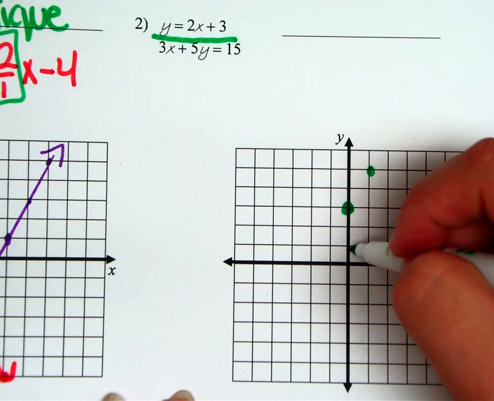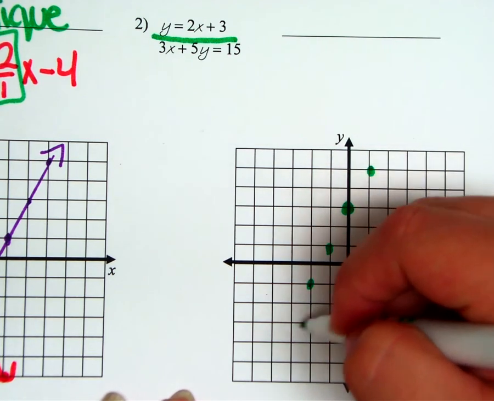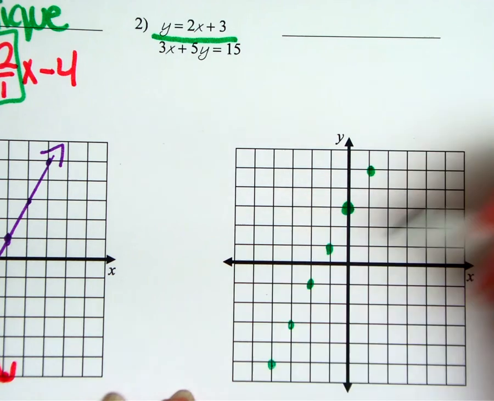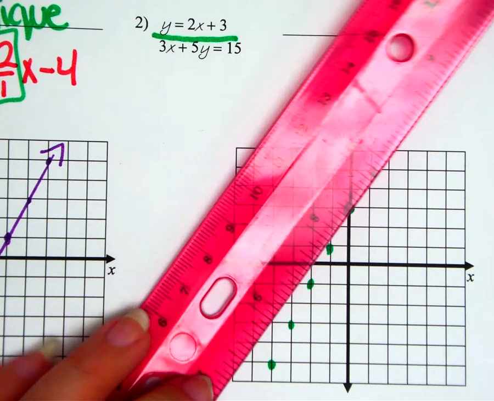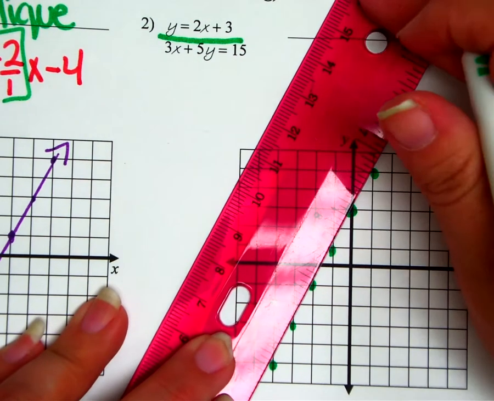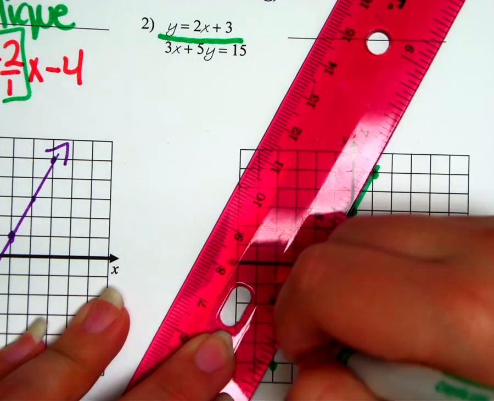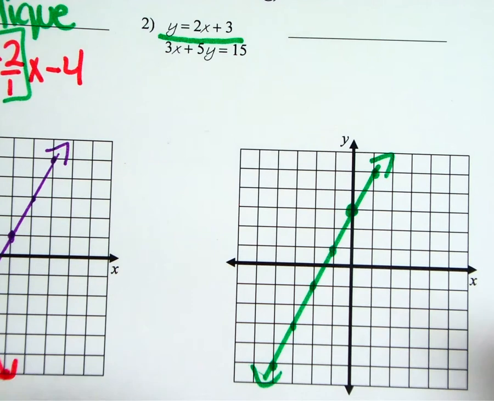Now I'm going to go down 2 over 1 to complete it on the other side, like so. When I run out of room, I will connect my dots, and I'll use a ruler for that. Don't forget your arrows.